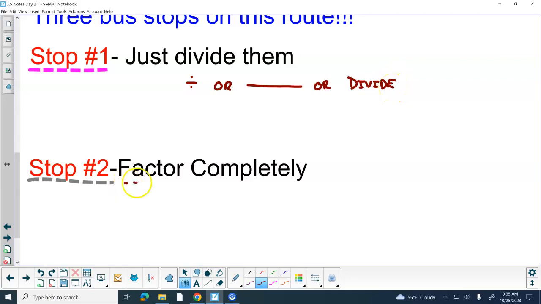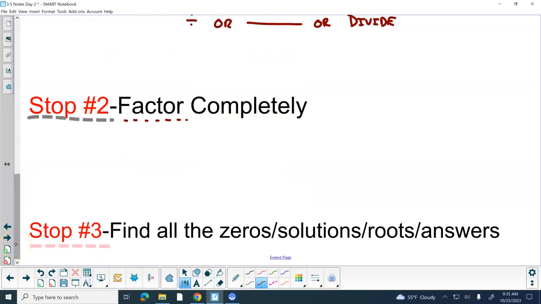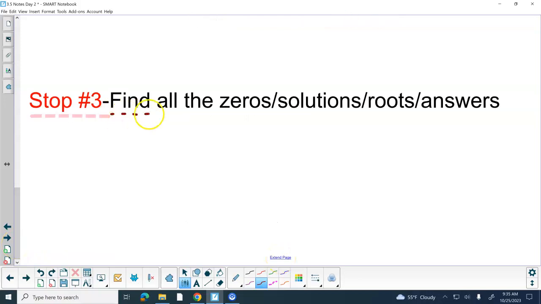You are literally looking for the word factor for bus stop number 2, and you are looking for either find or solve.